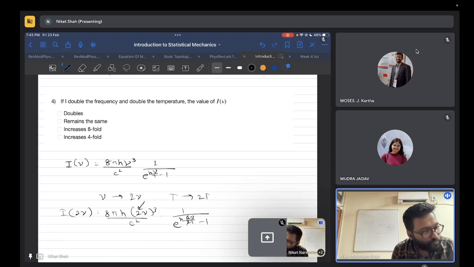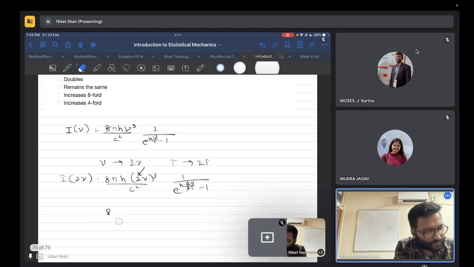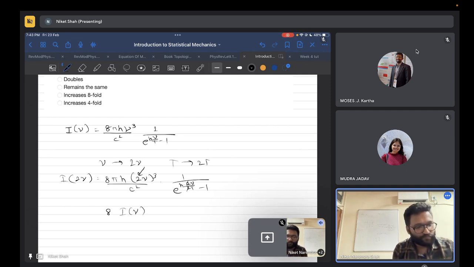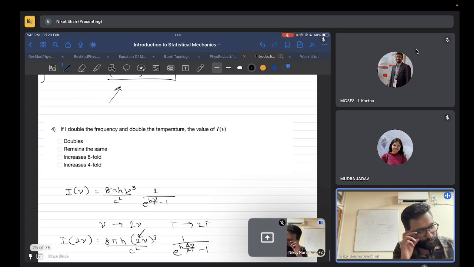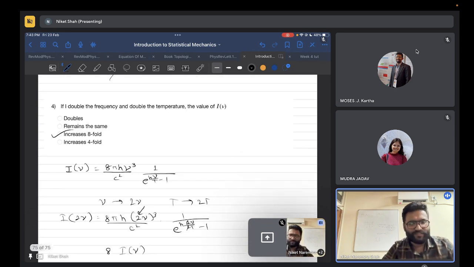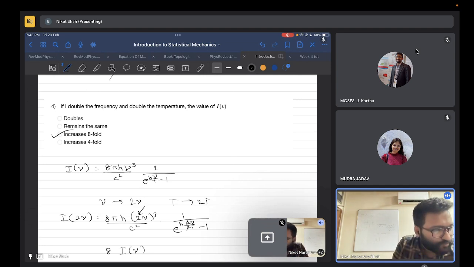But here the 2 is cubed, so I'll get 8 times I nu. So the value of I nu increases 8-fold. That is the final answer. This is quite a simple question. There is nothing to think about here. Just use the formula and get it.